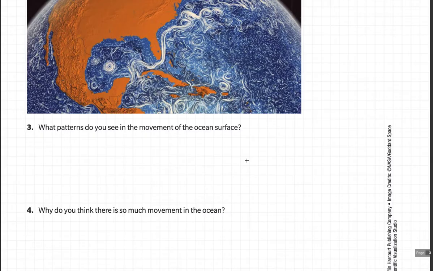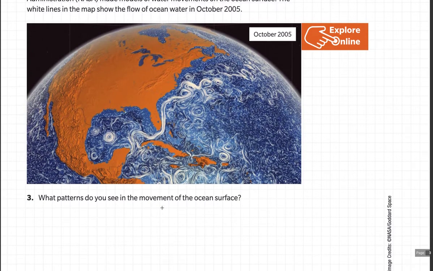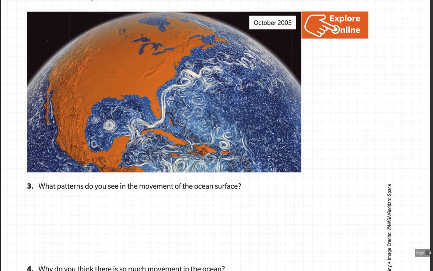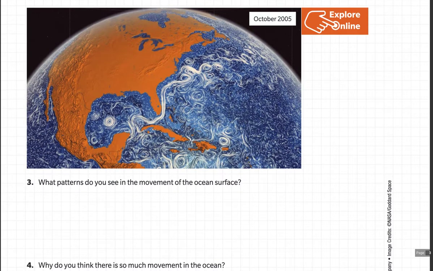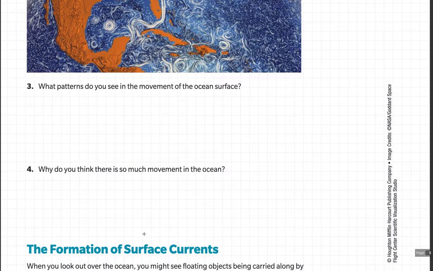Here, hopefully you see that this says, what patterns do you see in the movement of the ocean surface? Hopefully you see that it's stronger in some places. There's lots of this swirly motion, right, which might remind you of the Coriolis effect, and what I talked about in the last lesson about how, when you look at sinks, the water spins in a certain direction. And why do you think that there's so much movement in the ocean?